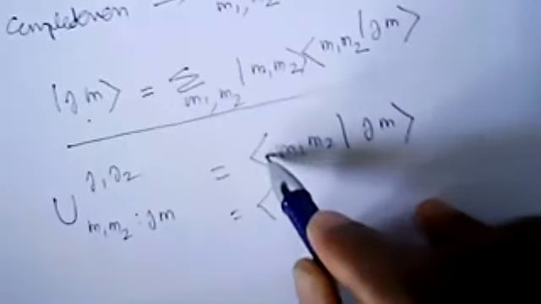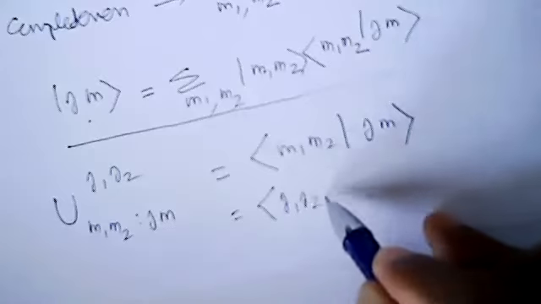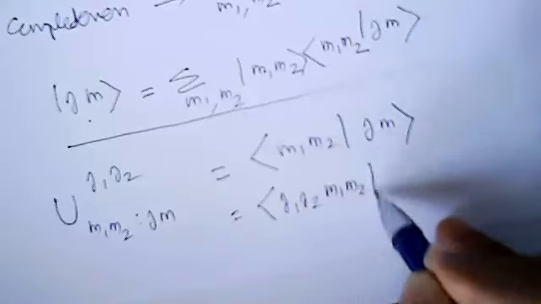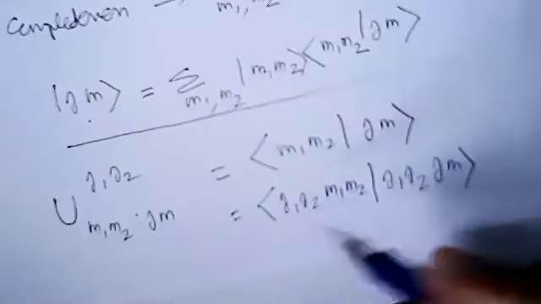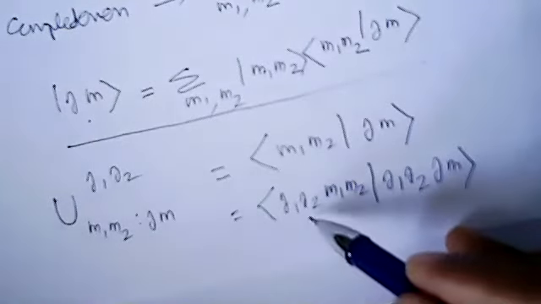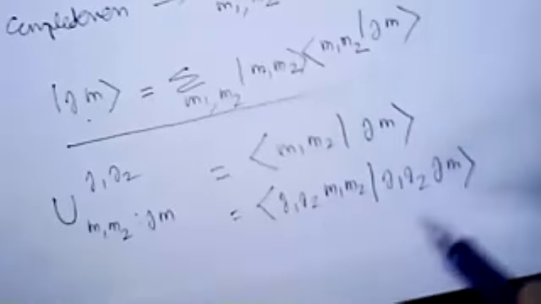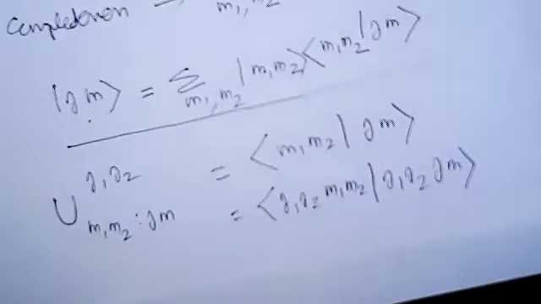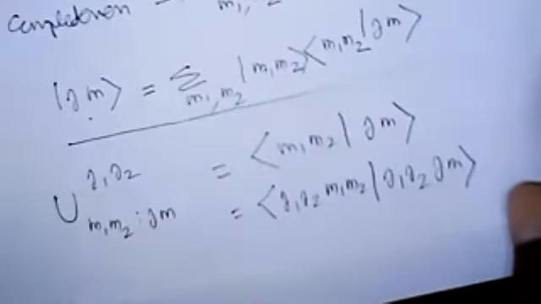You can write that in expanded form. Actually, J1, J2 is here, J1, J2 is here. So you can write that also: J1, J2, M1, M2, then J1, J2, Jm. No problem if you don't write J1 and J2. So this is the unitary operator which does the transformation.